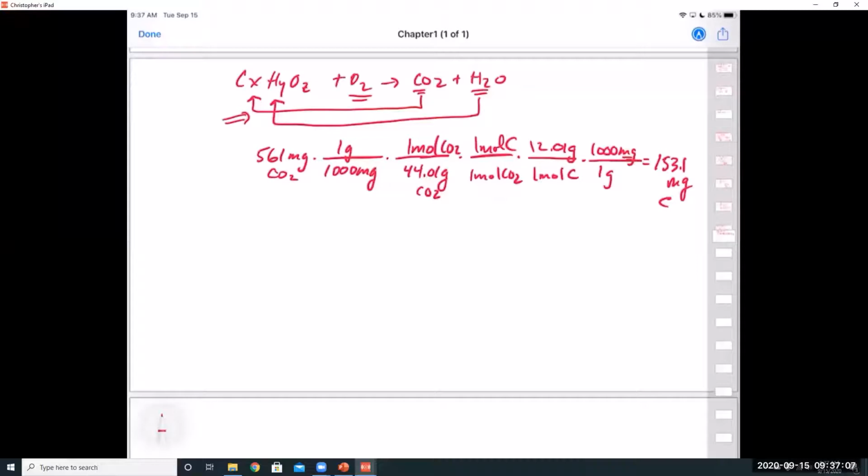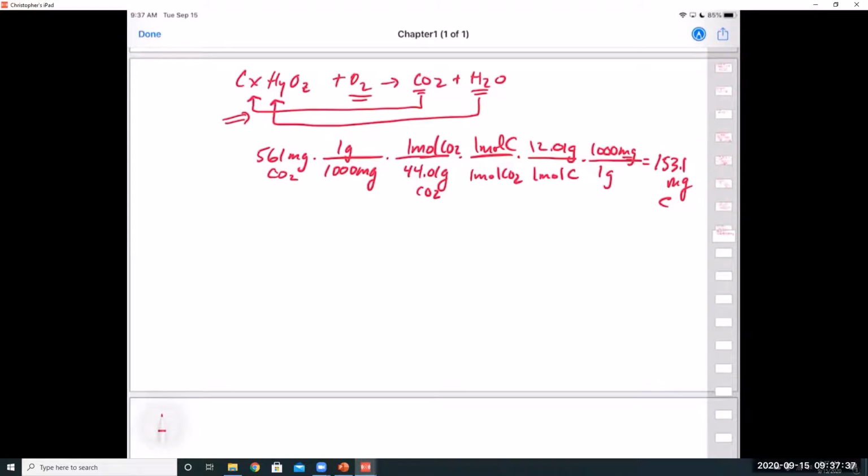You can actually go to grams, and it doesn't really make a difference, but I'll show you in a second why I elected to do it this particular way. You have some options here. I just happened to select this one, and I'll explain where you can go slightly different and still get the same answer. Now, let's just do the hydrogen real quick.